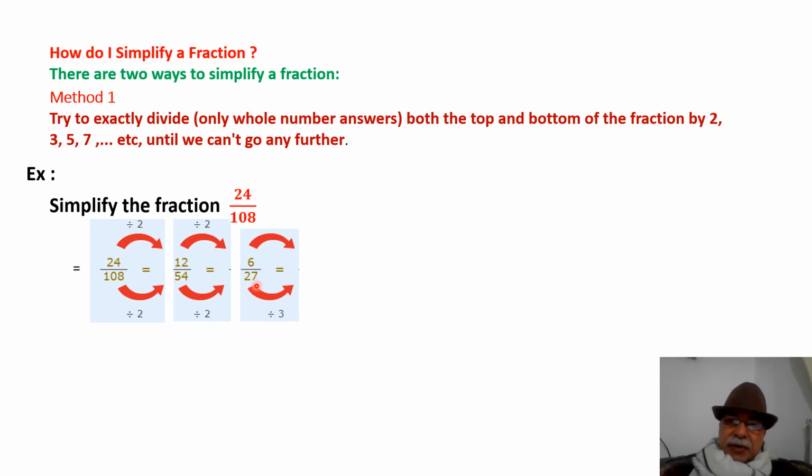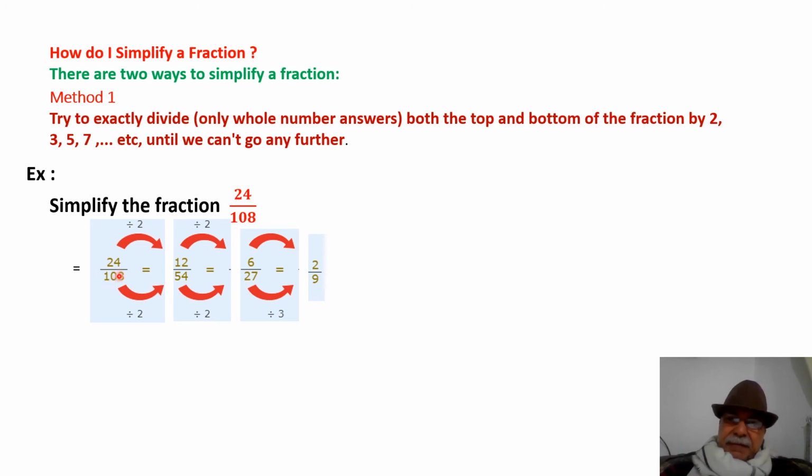Here also I can simplify, dividing by 3 both sides, numerator and denominator, in order to get 2 over 9. This is the last result, or the equivalent fraction for 24 over 108.